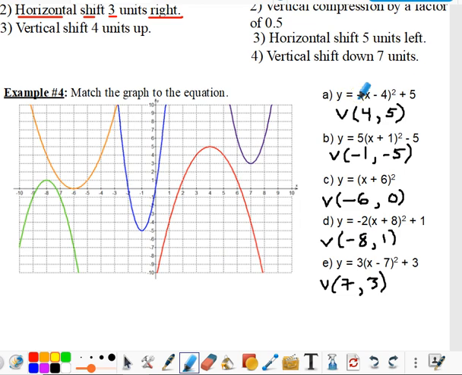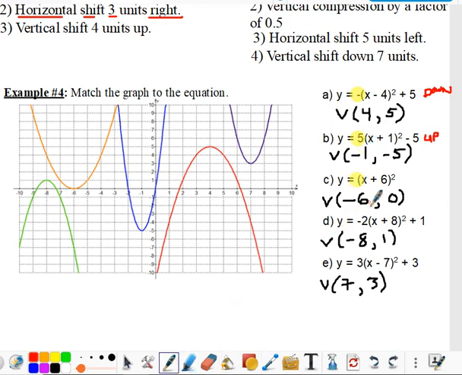So this A value looks to be negative 1. So what that means for us is that this parabola opens down. In part B, the A value is positive 5. So this one opens up. Now, in C, there's no A value. That might be a little bit misleading.